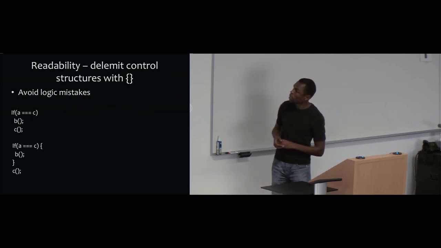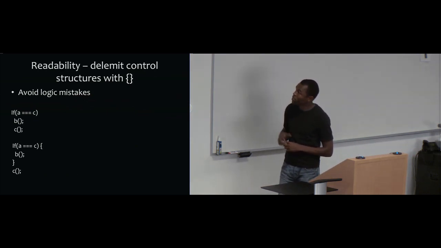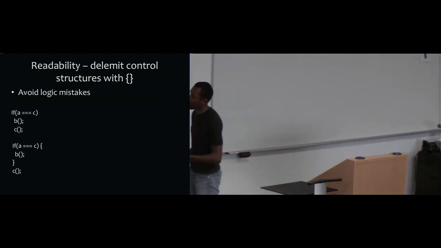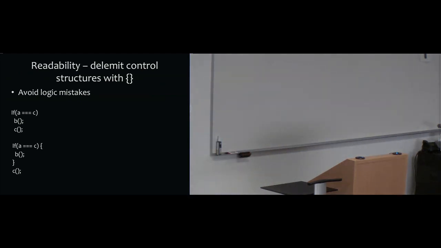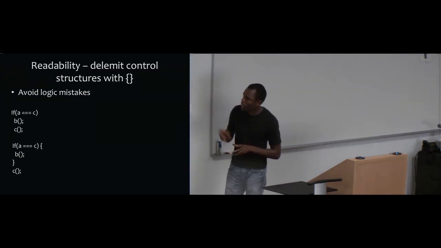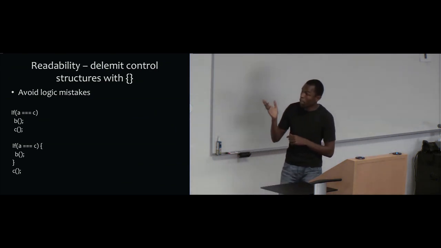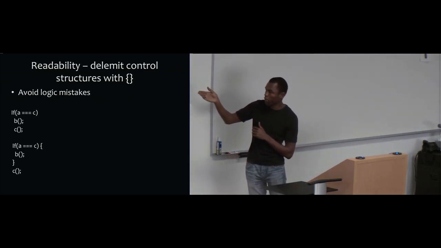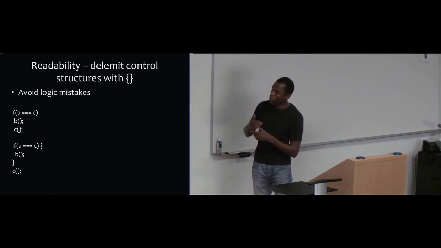This one's a good one. Using the braces. Here, this is pretty easy to see that you could end up, say, even formatting it that way, but somebody looking at it quickly could think that B runs right after C, but not always.